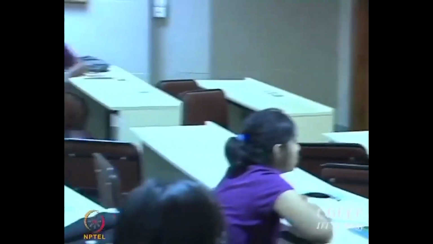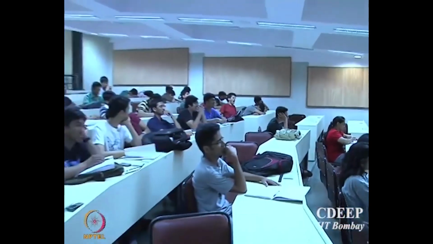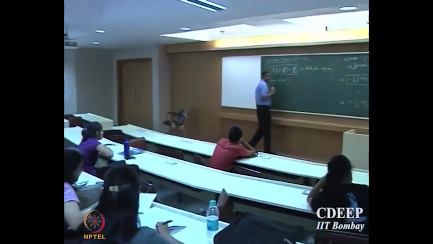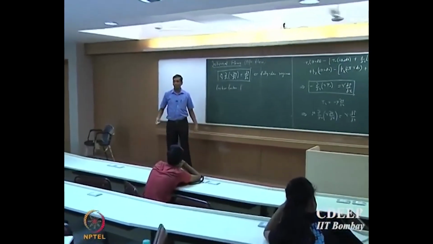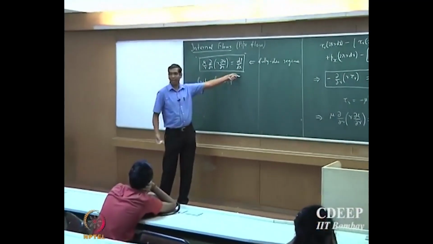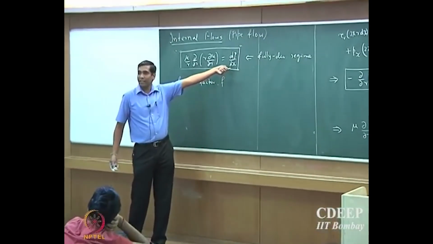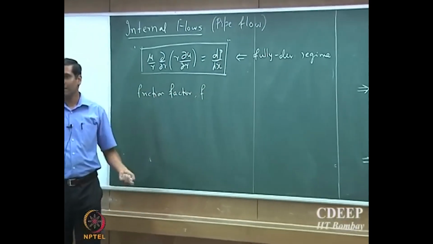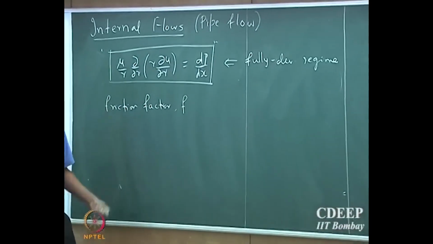Friction factor, right? So if you know the friction factor, friction factor is actually defined as F. Okay. Friction factor is actually related to the pressure gradient in the fully developed regime. So if you know the friction factor, then you should be able to estimate the pressure gradient.